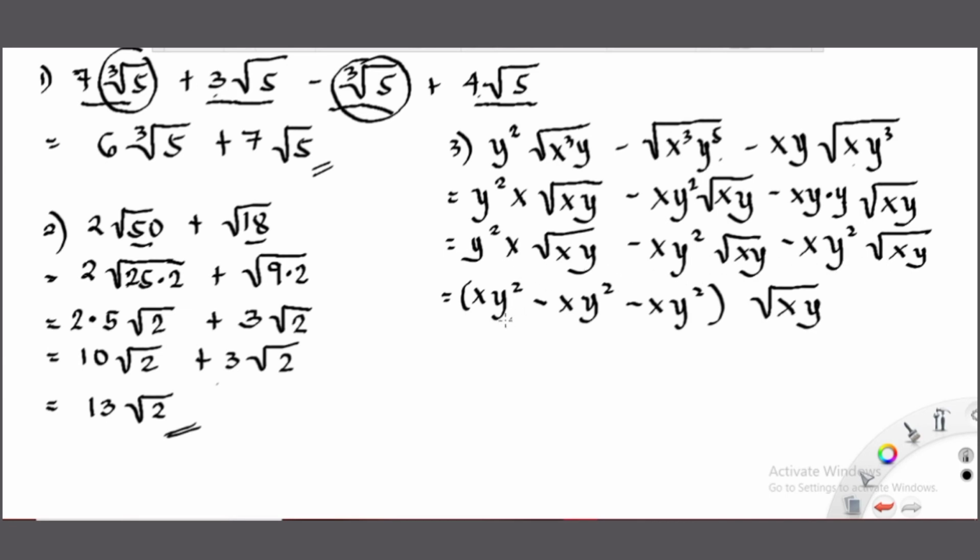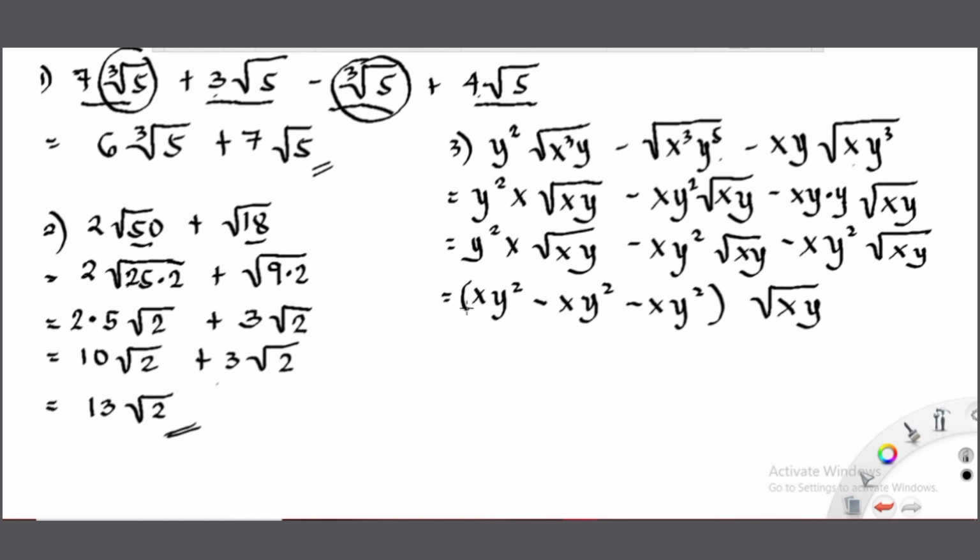Alright? Now, tignan natin itong tatlong ito. Alin ang pwede nating i-combine. Okay? So, again, similar terms here ay yung mga terms na pareho ang variable at pareho ang exponent sa mga variable. And if you notice, pare-pareho silang xy squared. So, we can combine them all. We will just combine their coefficients. Lahat sila may coefficient na 1.